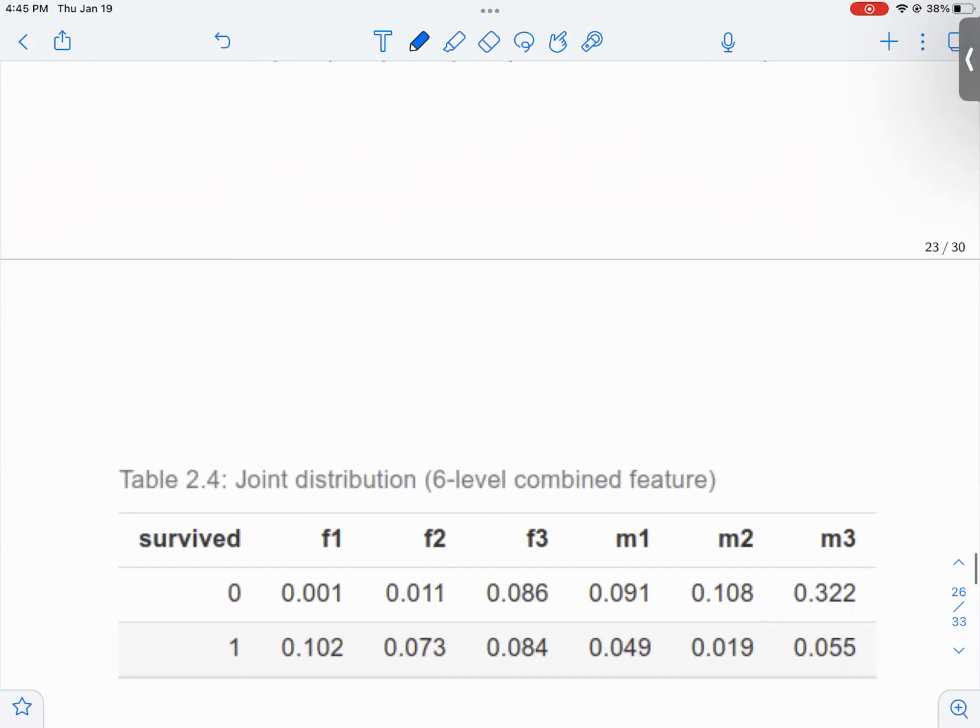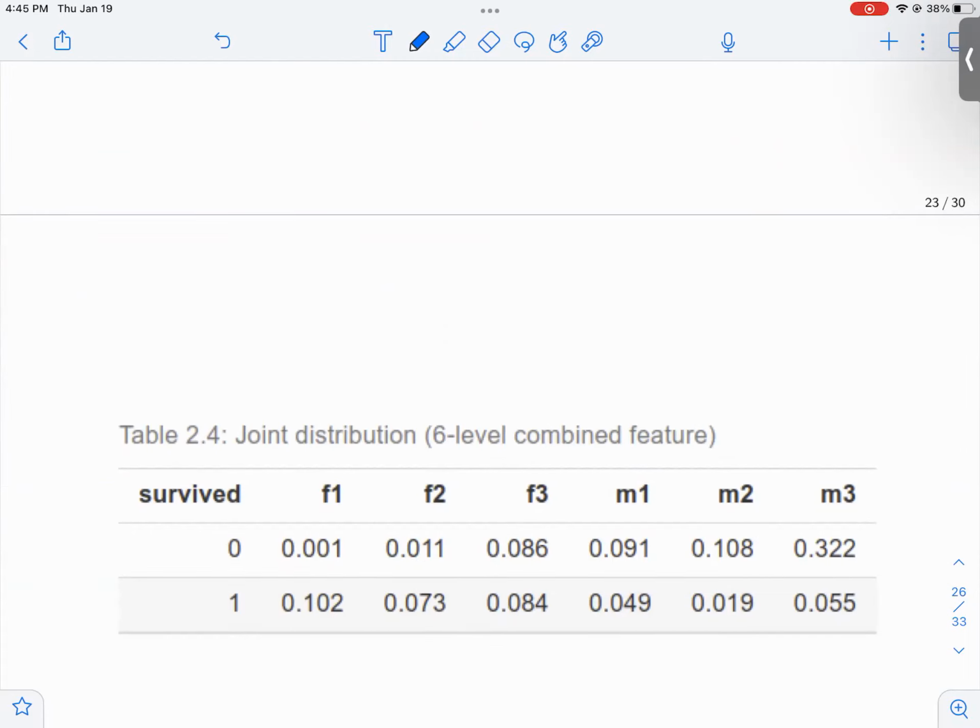I can look at the joint distribution. So the joint distribution would be y here and this new feature here. That's my y and this is my x, which has 6 levels.